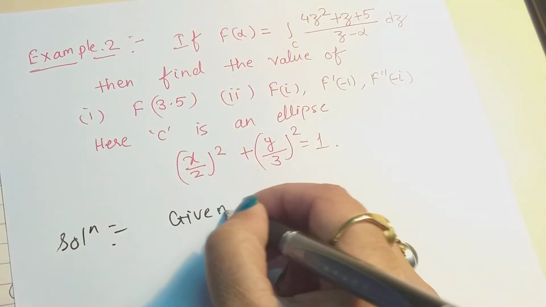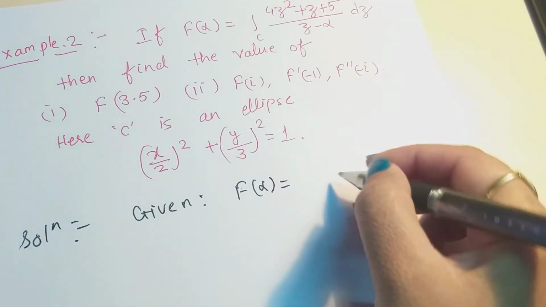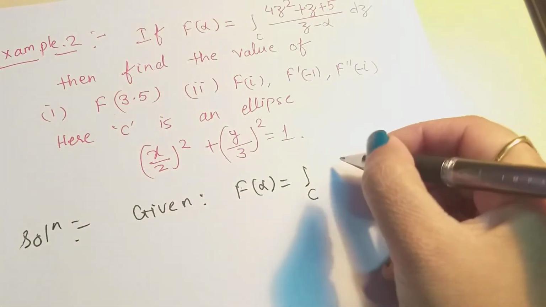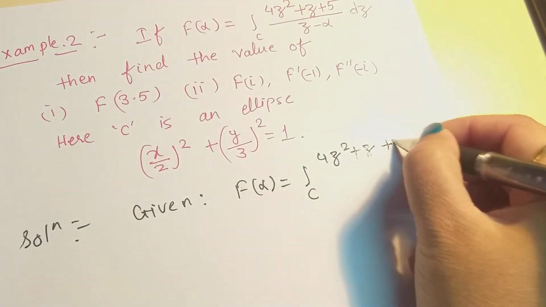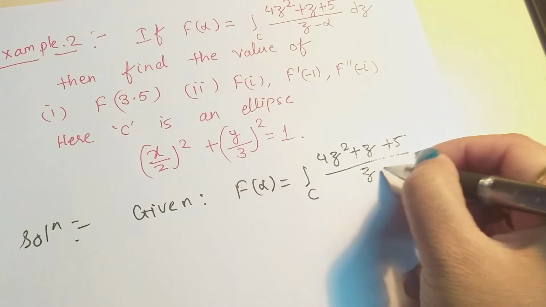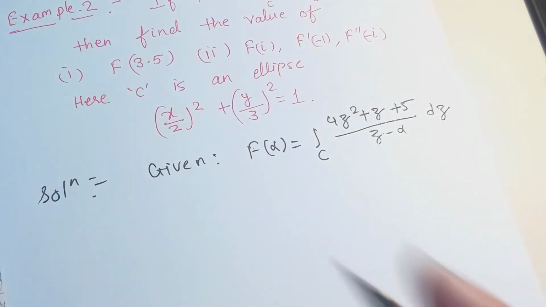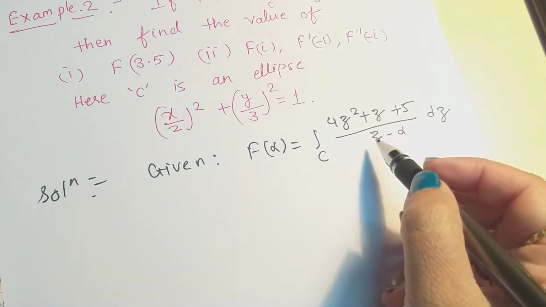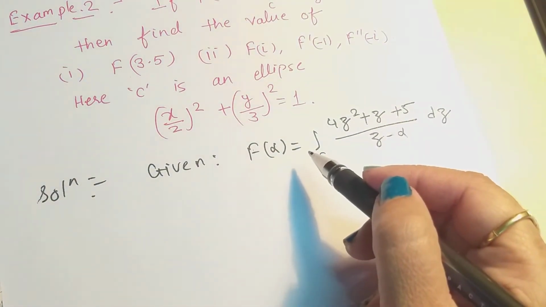We have given a function capital F of alpha is equal to integral of (4z square plus z plus 5) divided by (z minus alpha) dz. Okay, and we take the same as we have taken in the previous problem.